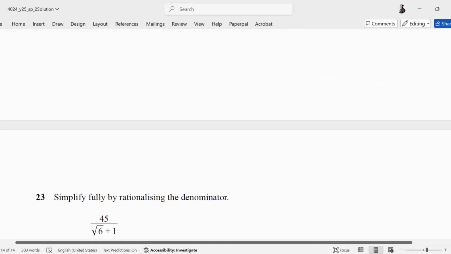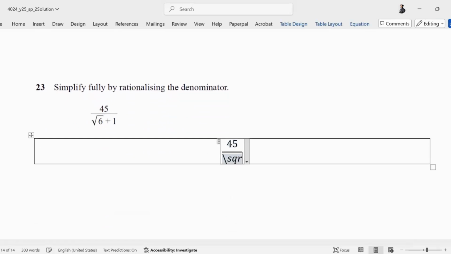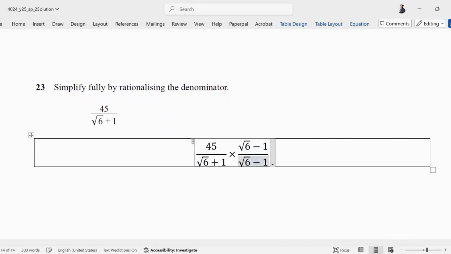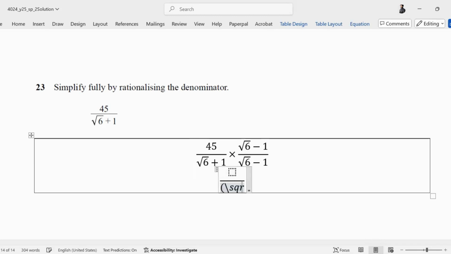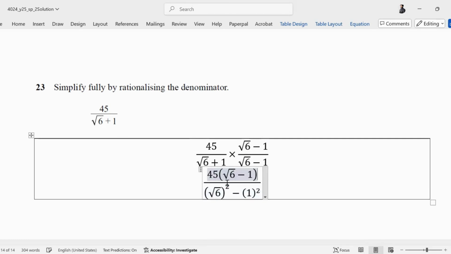So 45 divided by square root of 6 plus 1. We want to rationalize the denominator, so I'll multiply this by square root of 6 minus 1. I'll also have to multiply the numerator by the same thing. The denominator will be the difference of squares: square root of 6 squared minus 1 squared.